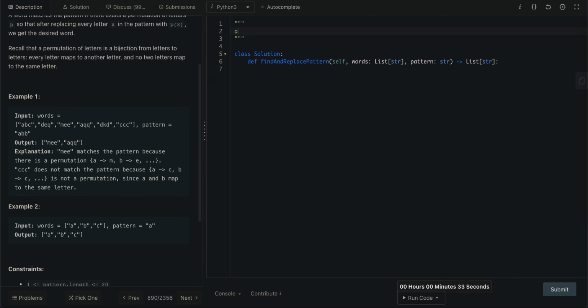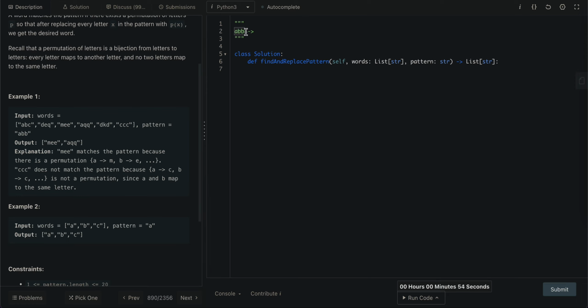We have something like A B B as a pattern, and we have to find the words that follow this pattern. A can be matched with any of the starting letters. That's the base thing.